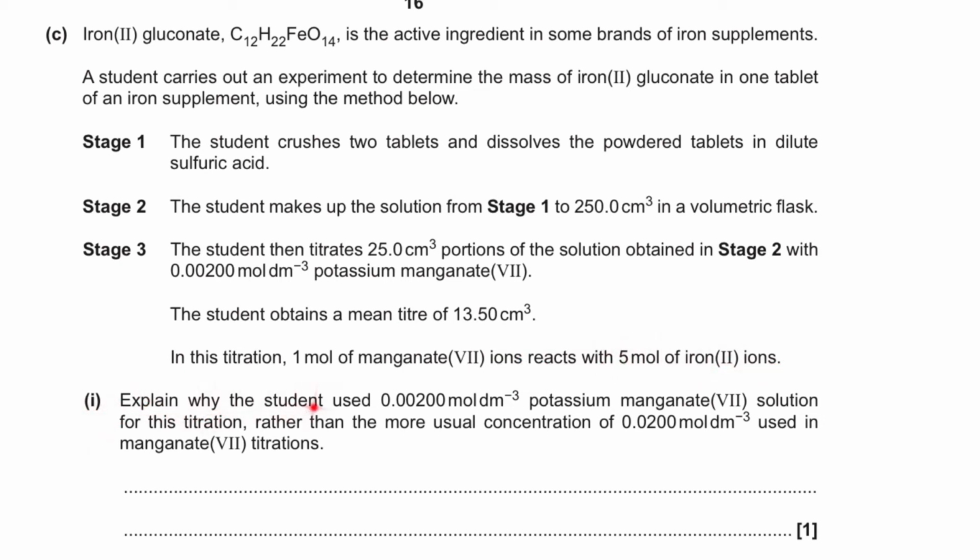Explain why the student used 0.002 mol/dm³ potassium permanganate 7 solution for this titration rather than the more usual concentration of 0.02 mol/dm³ used in manganate titrations.